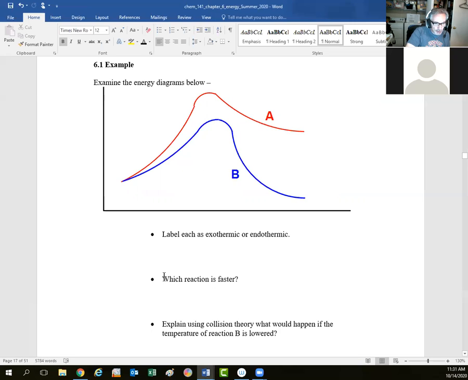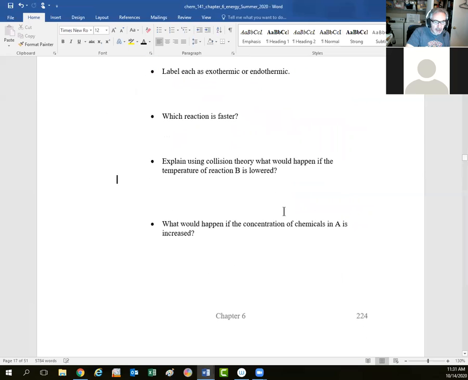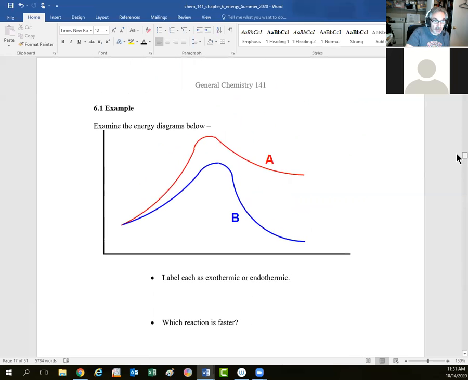Which reaction would you assume would be faster? Then explain using collision theory what would happen if the temperature in reaction B was lowered, and anything else. And then finally, what would happen if the concentration of chemicals in reaction A were increased? Use collision theory to work out your answer.